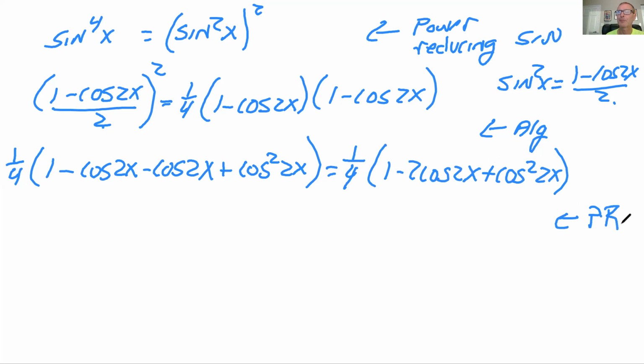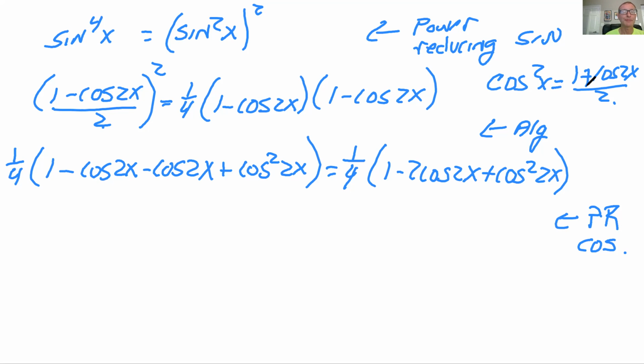So the next step is the power reducing. Just going to abbreviate it PR for cosine. So instead of a minus here, it just changes to a plus.